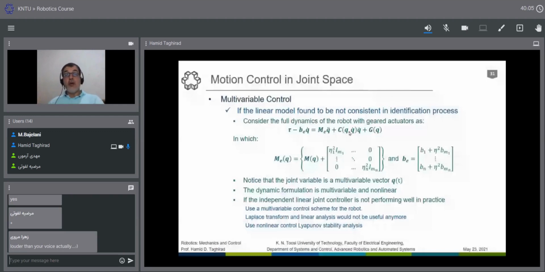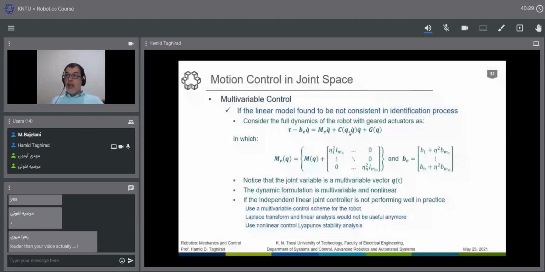We had a PD controller or a PID controller before. We don't throw it away. We use that and add something to it. So the controller that we are discussing here is somewhat more advanced and more involved.